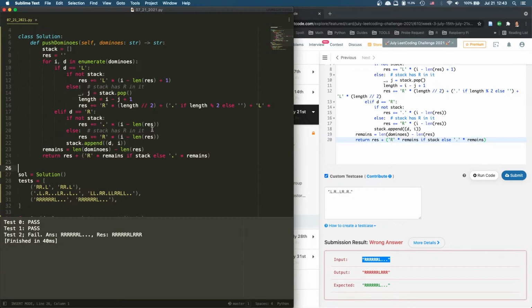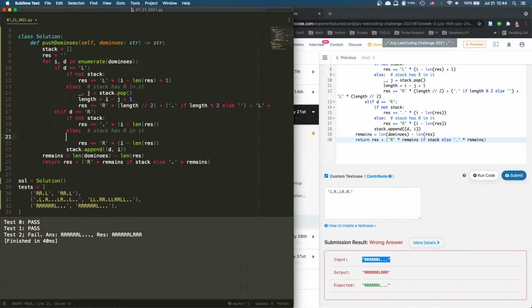Else, stack has R in it. Then, if the stack has R in it, we guarantee that if not stack, we do whatever we have, and then if we have an R in it, then it's going to be R, but we need to pop the stack.